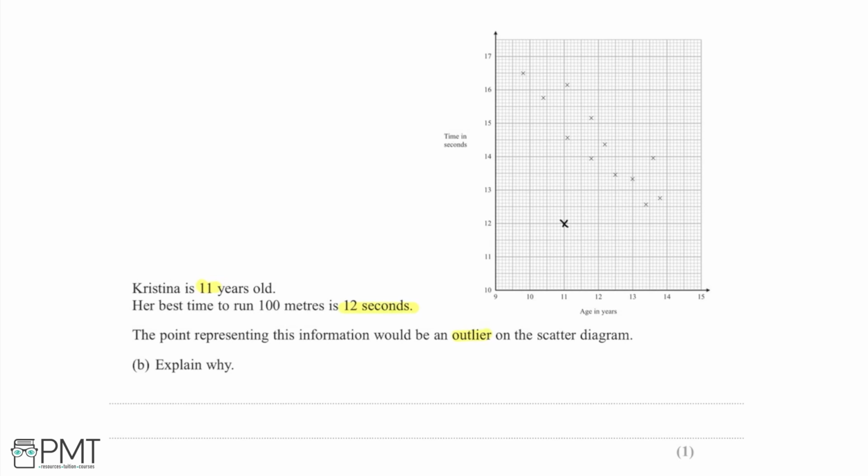So to explain why this point would be an outlier, we simply need to write something along those lines, so it's not in line with the trend of the other points, or that it doesn't fit the correlation that we've already spoken about in the first part of the question.